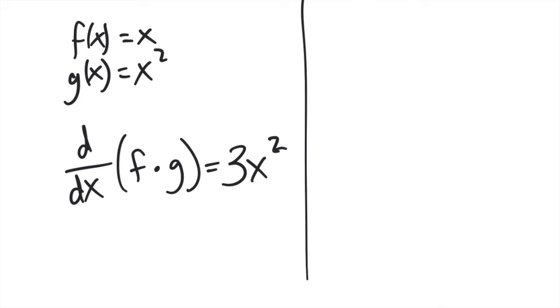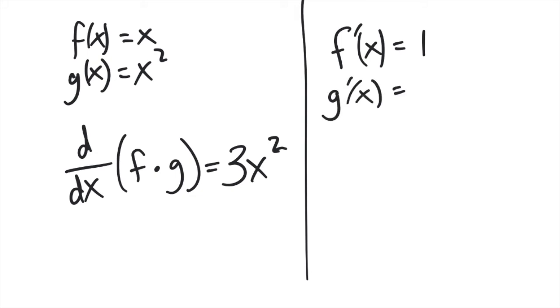Now, let's look at the derivatives of f and g separately. f prime is just 1, that's the derivative of x. g prime is 2x.